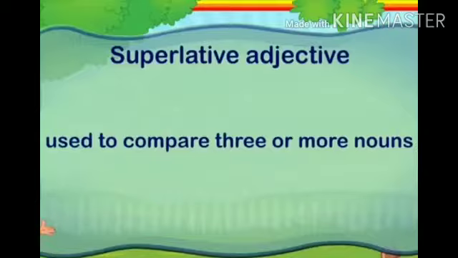Now let us understand what is superlative adjective. Superlative adjective is used to compare 3 or more nouns. It means when a comparison was made between two, it was known as comparative. Now when a comparison is made between more than two things, it is known as superlative degree of adjective.